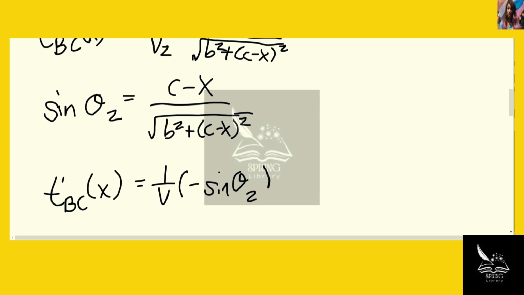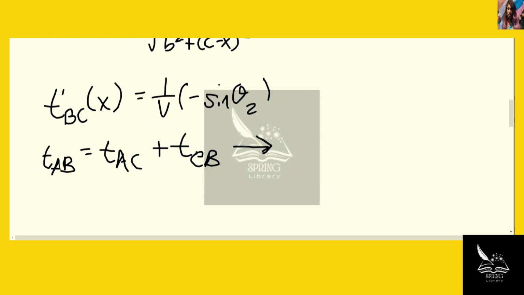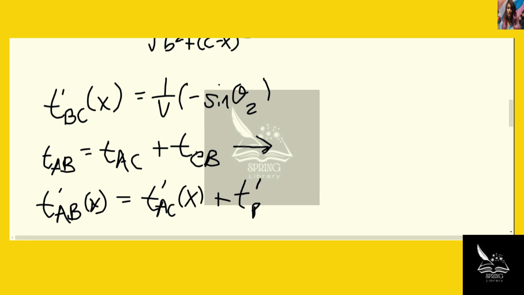Well, this one's great because the time from A to B is the same as the time from A to C plus the time from C to B. But of course, this ordinary equation implies the differential equation t prime AB of x is equal to t prime AC of x plus t prime BC of x as well.